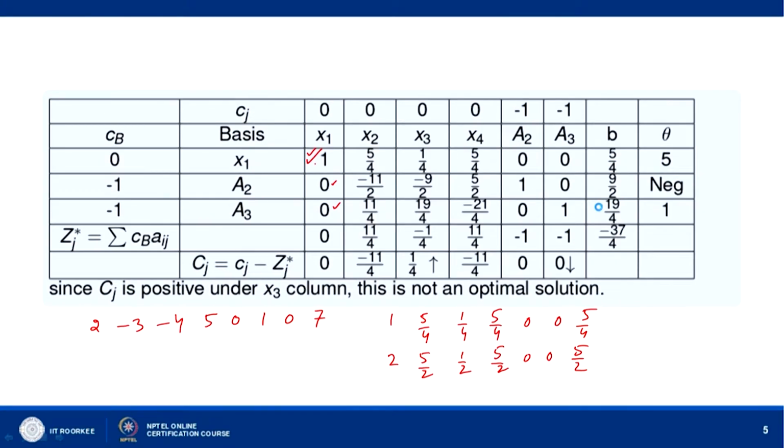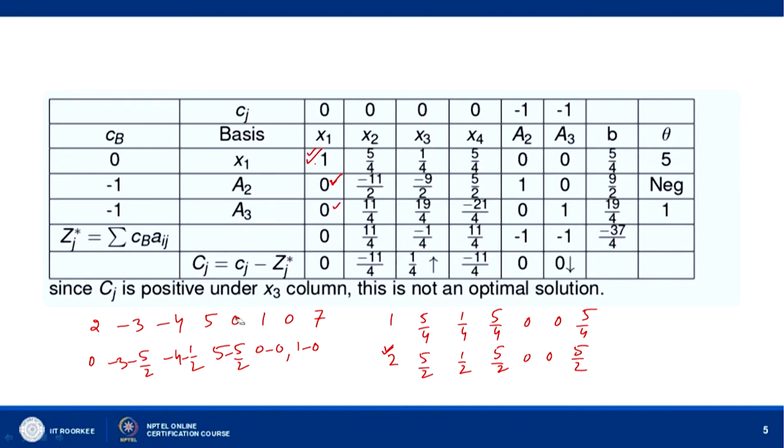Now, let us see. We subtract these values from the corresponding values here. When we subtract this 2 from this 2 here we get 0. Then 5 by 2 we subtract from minus 3, so minus 3 minus 5 by 2. Then minus 4 we subtract half, so minus 4 minus half, then 5 minus 5 by 2, then 0 minus 0, then 1 minus 0.